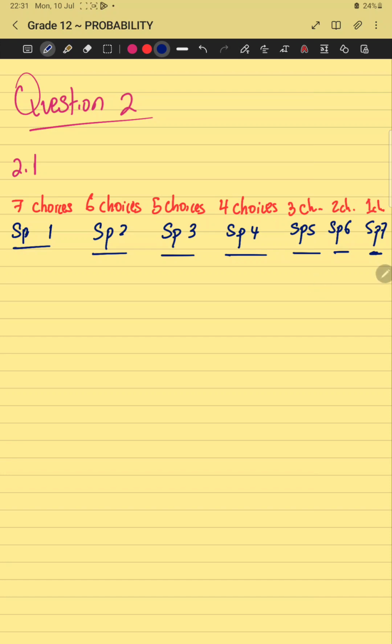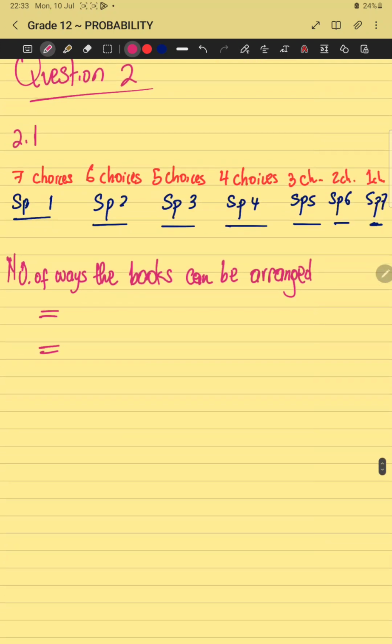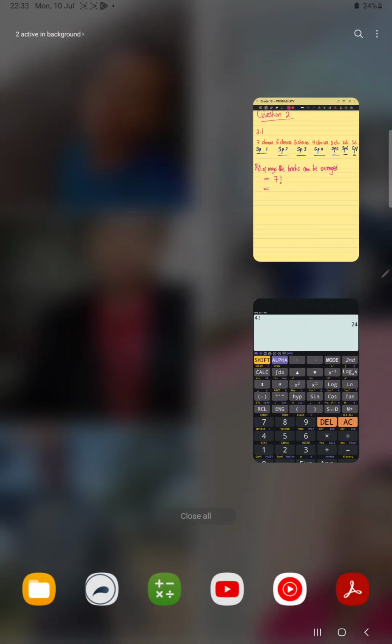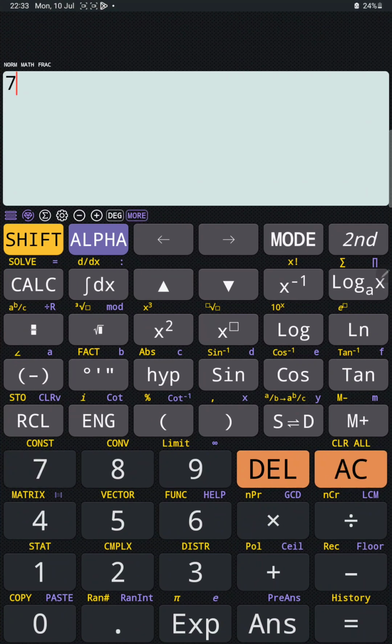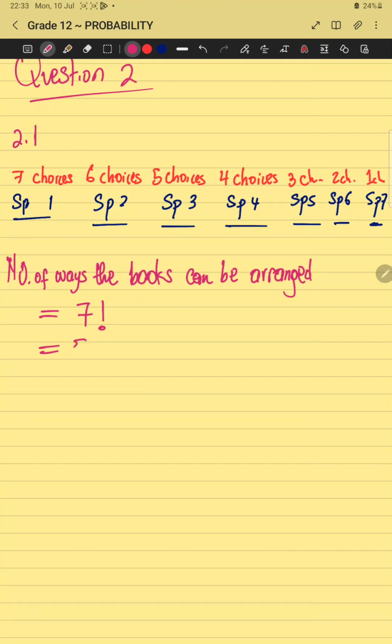Let me formulate the formula here. We said the number of ways the books can be arranged must be 7 factorial, and then we can check that from the calculator. That's 7, shift, factorial, and it gives 5040. So the answer is 5040.